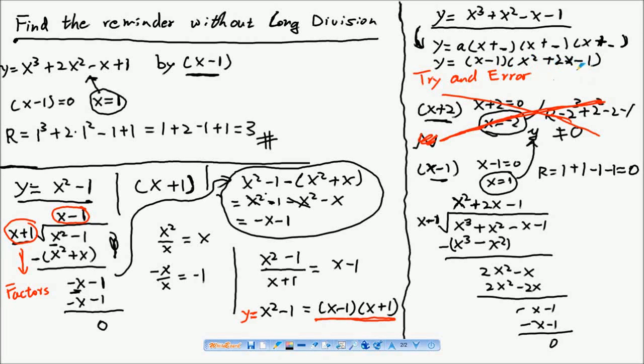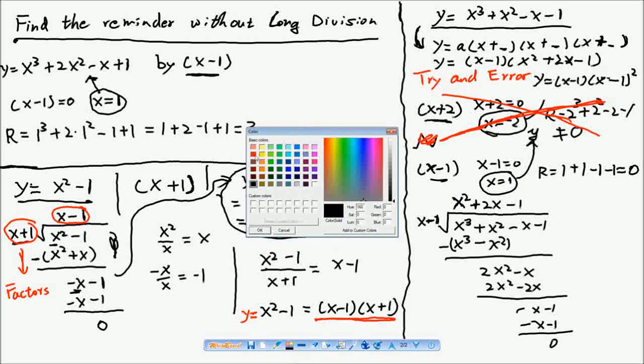This is a perfect square, by the way, so y equals (x minus 1)(x minus 1) squared. We successfully factorized the polynomial equation there.